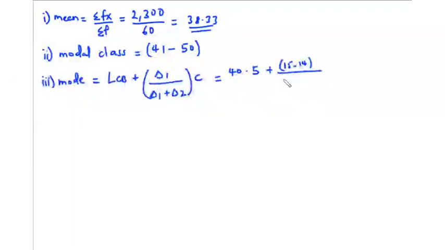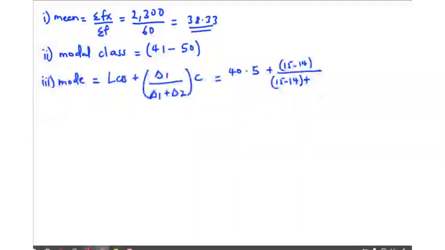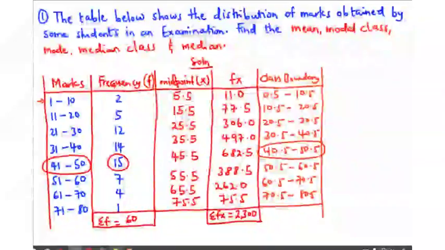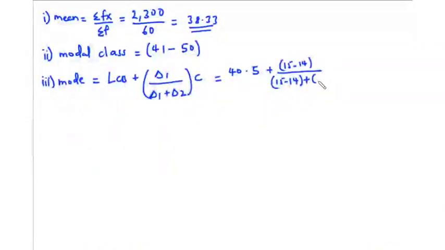So let's repeat the same for the denominator. And then for delta 2. Now delta 2 is the modal frequency minus the frequency value after the modal frequency. So that is 15 minus 7. So we have 15 minus 7.